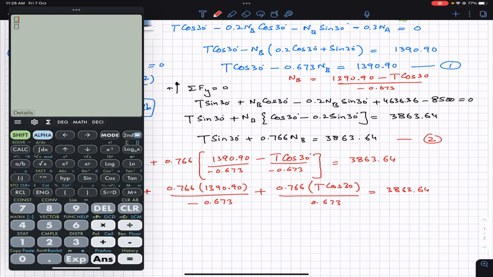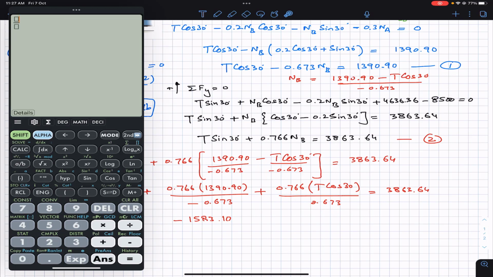So now let's find all these constants. This is 0.766 into 1390.90 divided by minus 0.673. So this term is minus 1583.10. And similarly, we can multiply this with this cos of 30 and divide it by this.